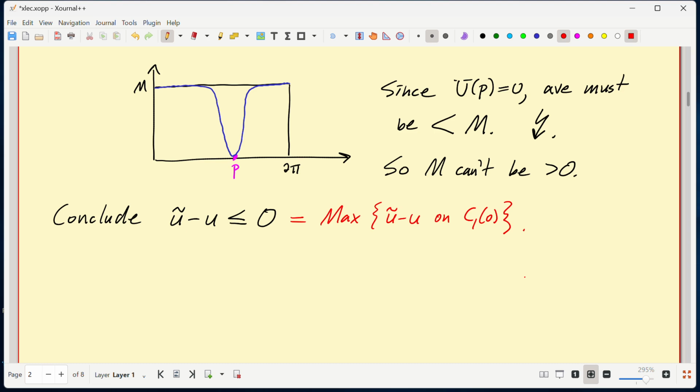Okay, so now there's the rest of the details. I can repeat the argument, using u minus u twiddle in place of u twiddle minus u.